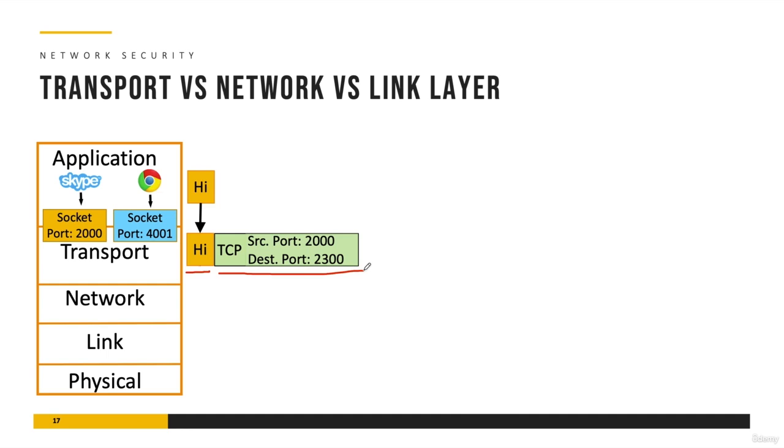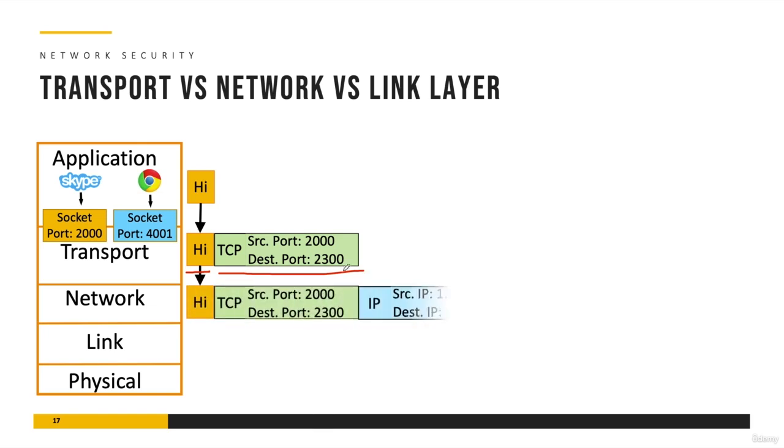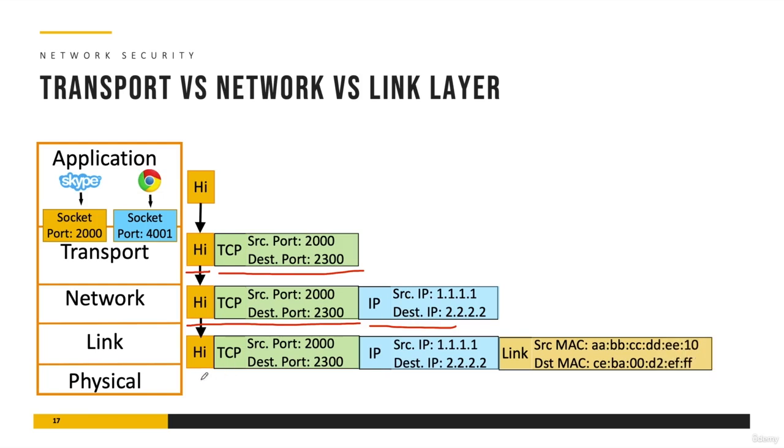Now this packet is passed to the network layer, which considers all of this as the data and adds its own header, which is the IP header, and which contains the source IP address and the destination IP address.